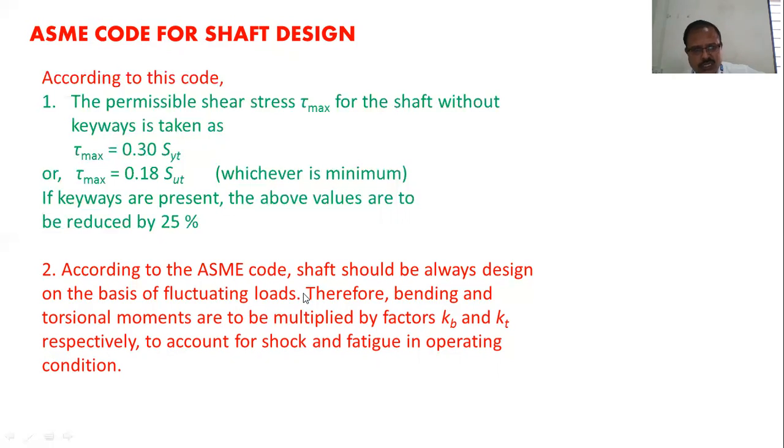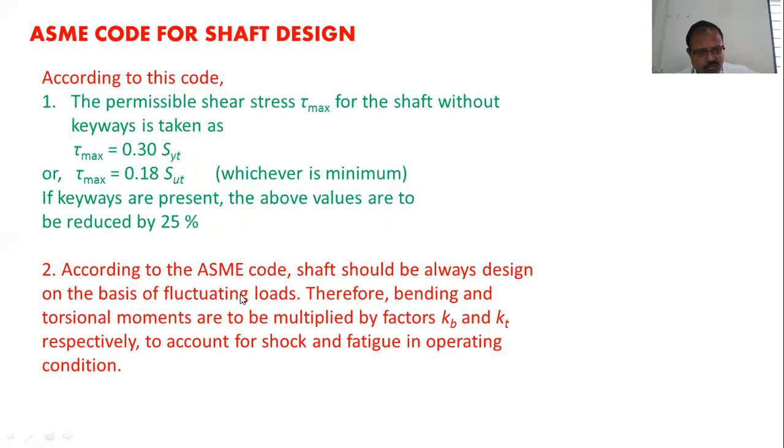Again, according to ASME codes, shafts are always designed on the basis of fluctuating loads. Mind, there is a difference between the static load and the fluctuating load. In the static loading condition, the magnitude, direction and point of application of the load remain constant. But in case of fluctuating loads, either the magnitude or the direction may change. Therefore, according to the American Society of Mechanical Engineers codes, we have to always design the shaft on the basis of fluctuating loads.